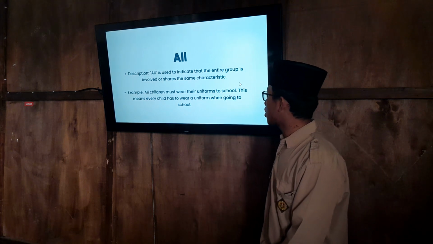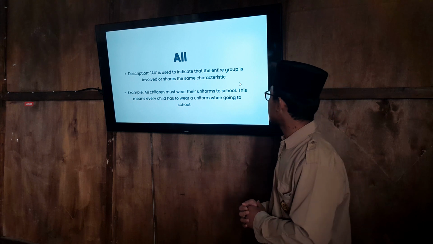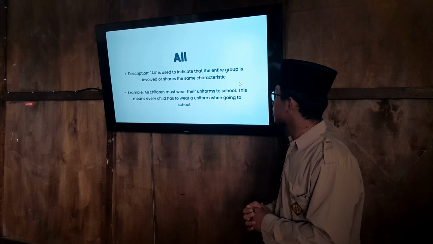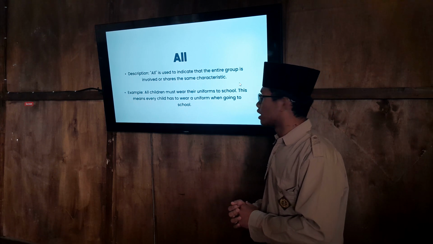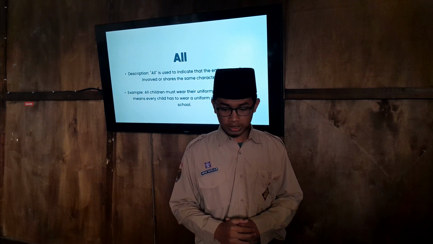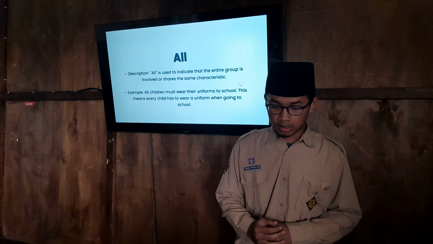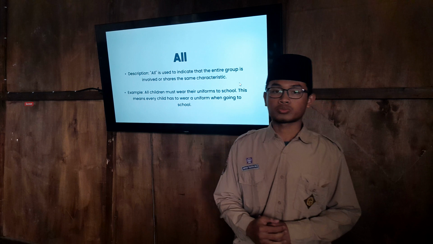And now is "all." "All" is used to indicate that the entire group is involved or shares the same characteristic. For example, all children must wear their uniform to school. This means every child has to wear a uniform when going to school.